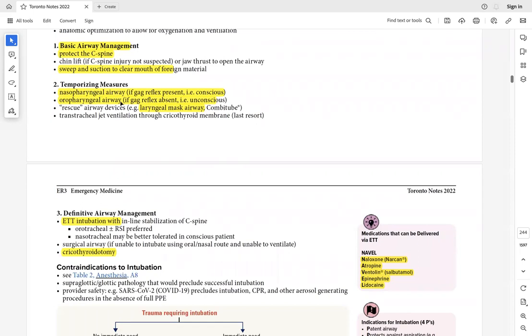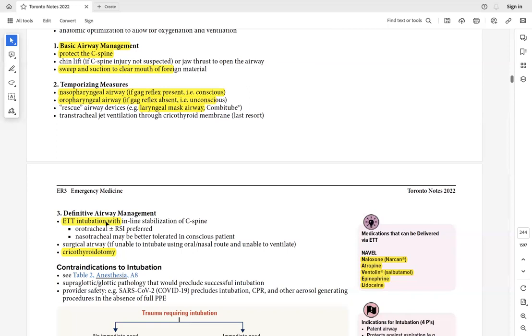If the patient is unconscious, then an oropharyngeal airway. Okay, and if after the nasopharyngeal or oropharyngeal airway the airway is still not patent, he's still cyanosed or confused, we have to move to laryngeal mask airway. Okay, after that, the next is endotracheal intubation.